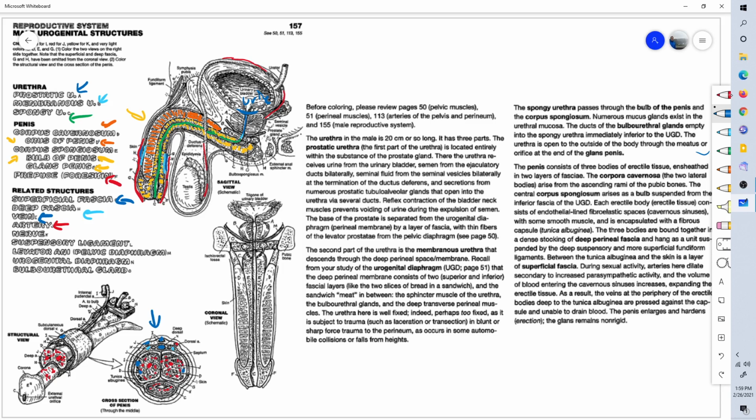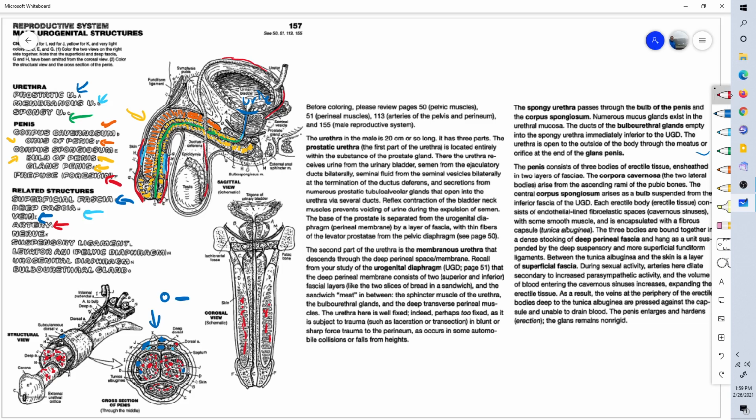And when that happens, as this area fills with blood, the corpus cavernosum and spongiosum, it flattens out the outer area. The outer area becomes flattened, and these veins become squished because of the pressure. They go from circular to flattened, and the blood cannot escape.